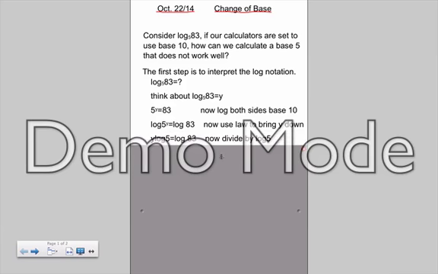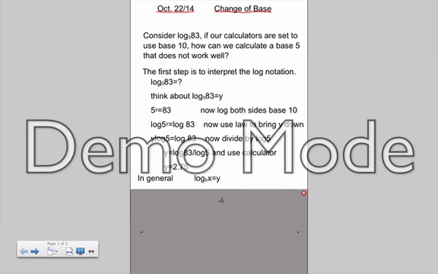So we'll bring the y down to get y times log 5 equals log 83. Now to get the y by itself, we'll divide by log 5. So y becomes log of 83 divided by log of 5, which you can use your calculator to do because now we're talking base 10, and we get an answer of 2.75. So 5 to the exponent 2.75 would be close to 83. It's not going to be right on because we did round, but it will be close.